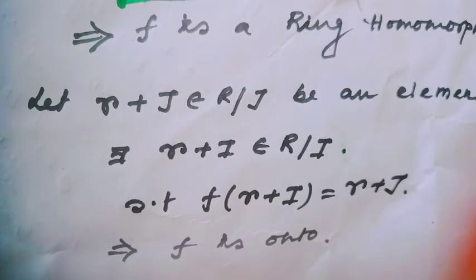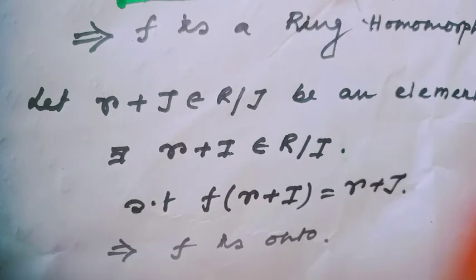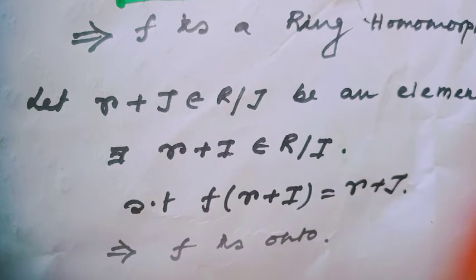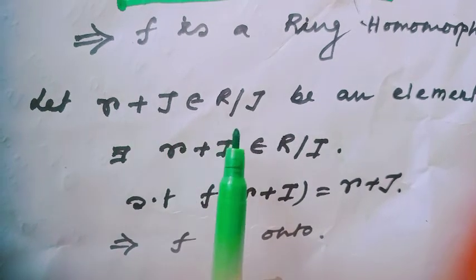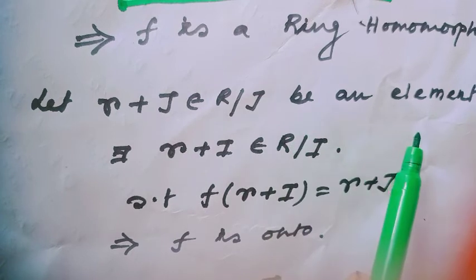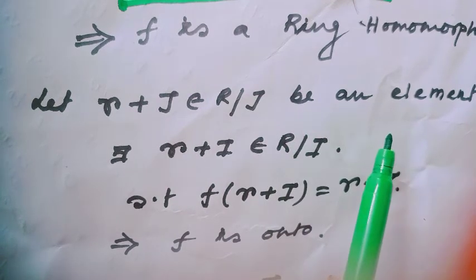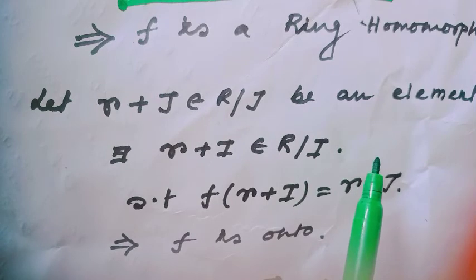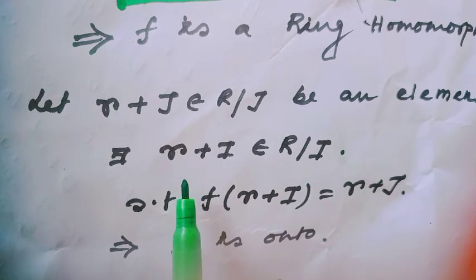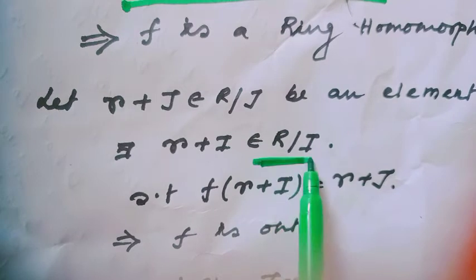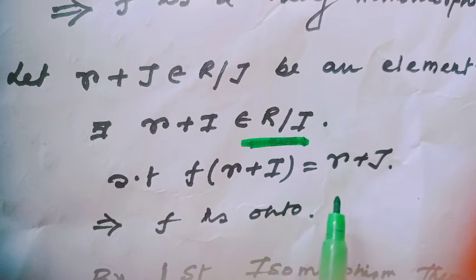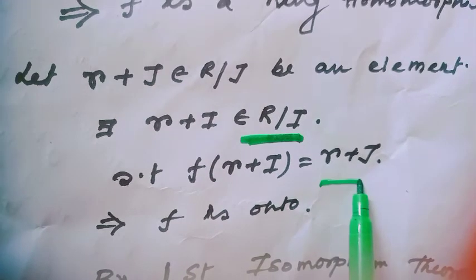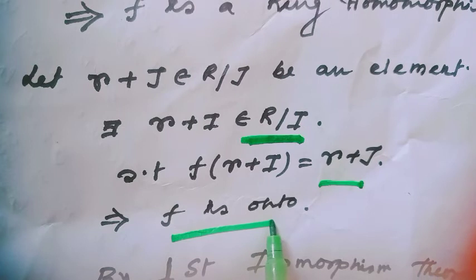Now we have to check the mapping is onto. Since the mapping f is defined from R modulo I to R modulo J, consider an arbitrary element r + J belonging to R modulo J. Then obviously there exists r + I in the domain R modulo I such that f of r + I equals r + J. That means obviously this mapping is an onto mapping.